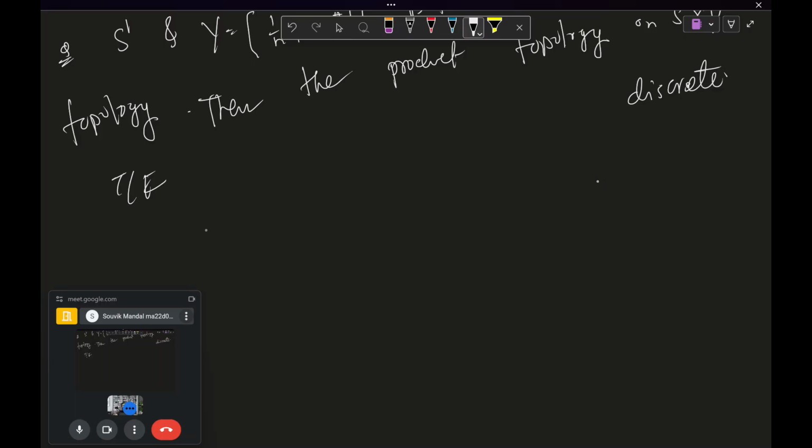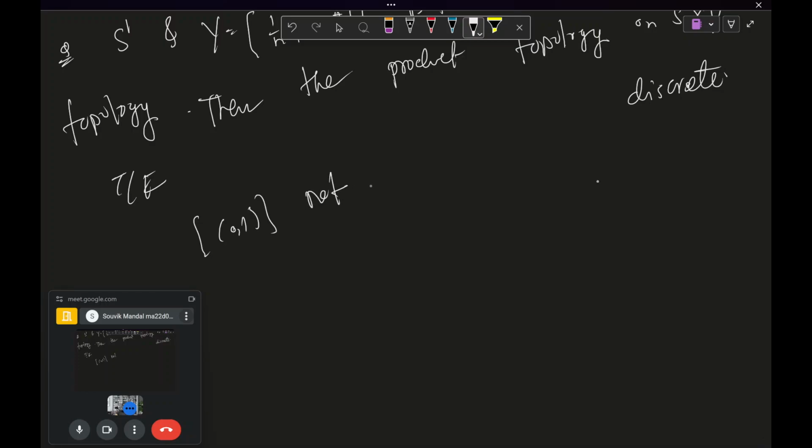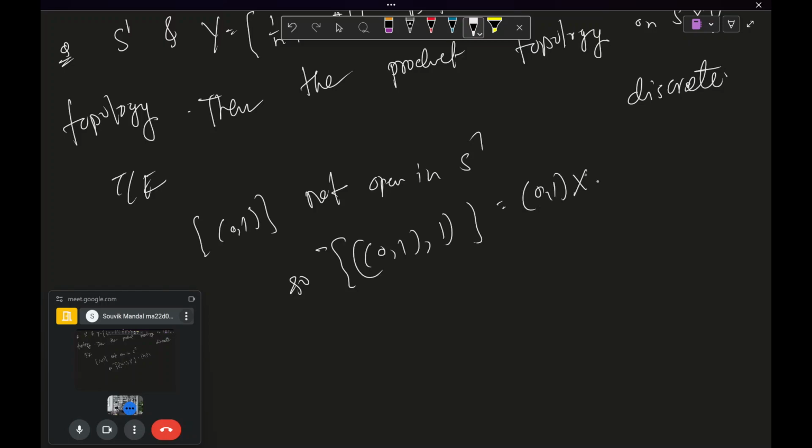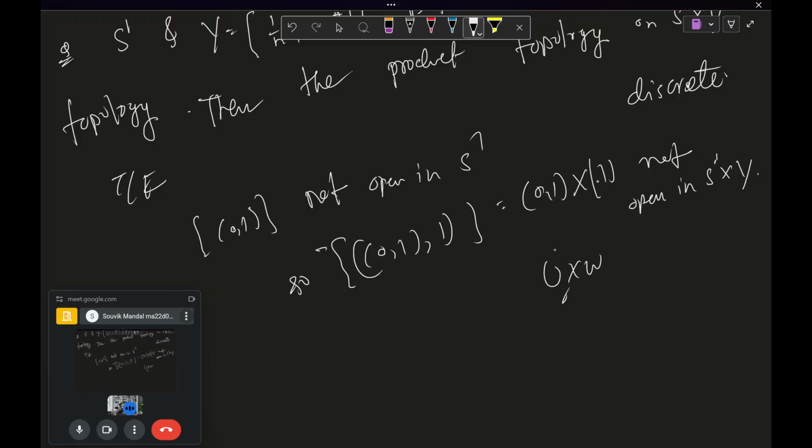So it is false. One possible argument: given that the singleton {0} times {1} is not open, then {0} times {1} comma 1, which is nothing but {0} times {1} times {1}, is not open in the product. Since obviously all these can't be open, it is a false statement.